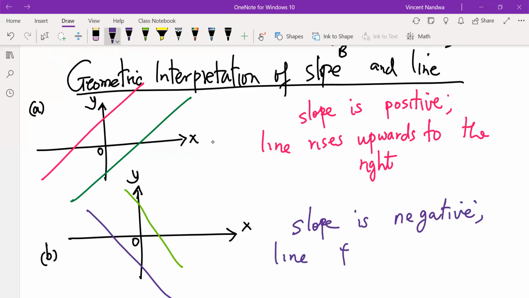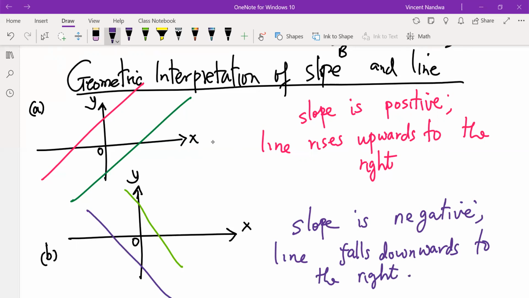The line falls downwards to the right. That is what we're trying to illustrate.